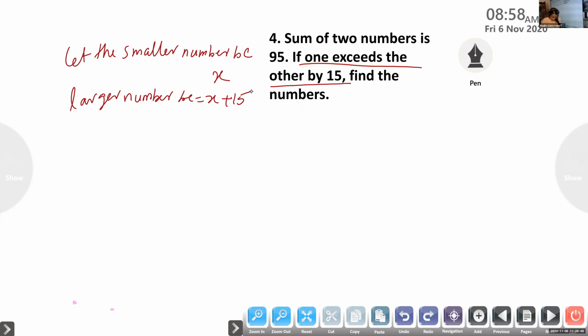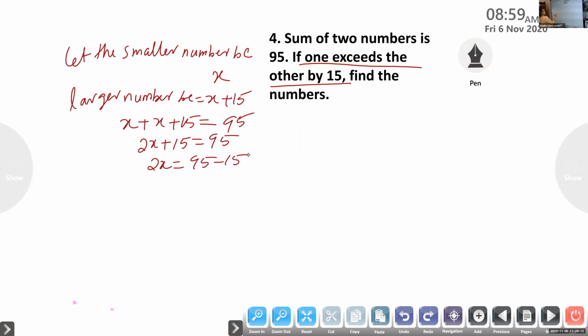So what will be the equation? x plus x plus 15. Very good. If you understand the problem, you can easily form the equation. Now it is easy: 2x plus 15 is equal to 95. 2x equal to 95 minus 15.